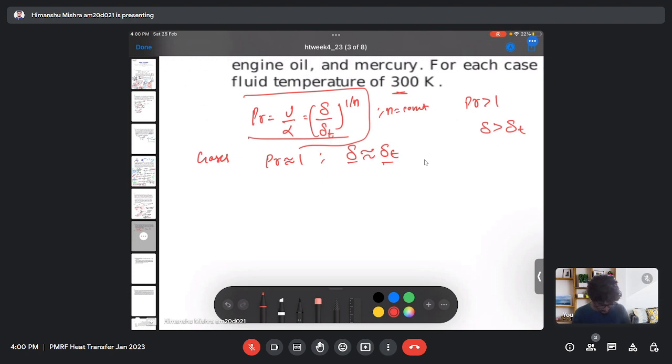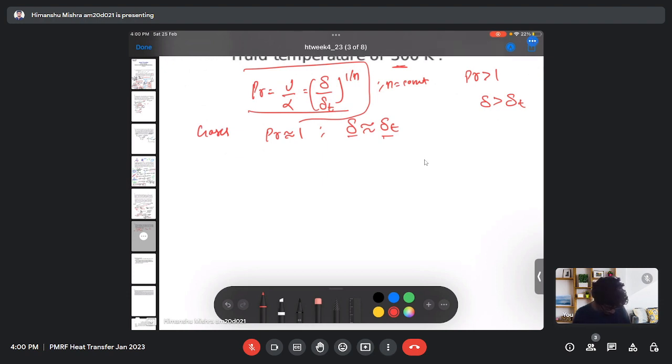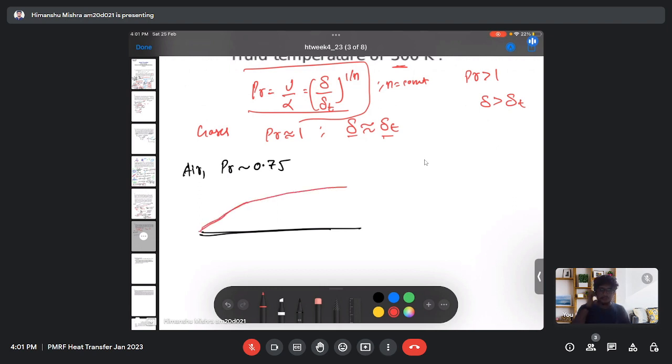So let's say for air, my Prandtl number is roughly around 0.75. So for 0.75, let's say this is my hydrodynamic boundary layer. Within my hydrodynamic boundary layer, there will be a variation of velocity normal to the surface.